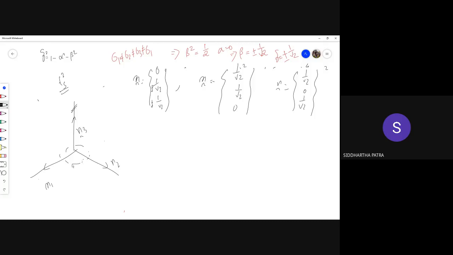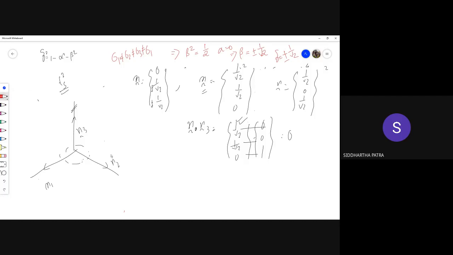Let's say if I take n3, then that is the n1, n2 plane. And in that plane n1, n2, I'm talking about this case right here. So this n right here is normal to n3. You see, if you take a dot product with n3, so that is 1 by root 2, 1 by root 2, 0, and 0, 0, 1, taking a dot product, that would give you 0, right?